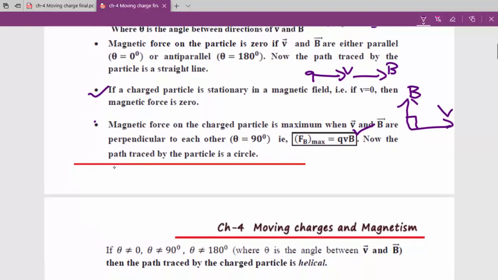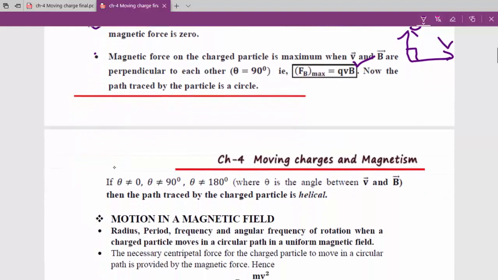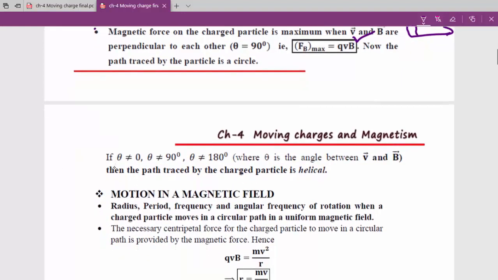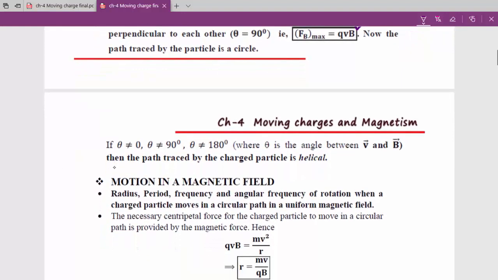Now, what is the tracing of the charged particle? The charged particle traces a circular path. If a charged particle moves perpendicular to the magnetic field, it experiences maximum force, and it traces a circular path. And if theta is not equal to 0, 90 or 180 degree, where theta is the angle between v and B, then the path traced by the charged particle is helical.